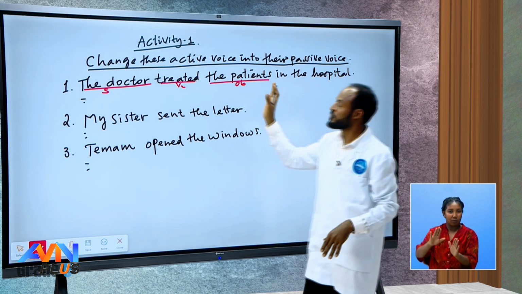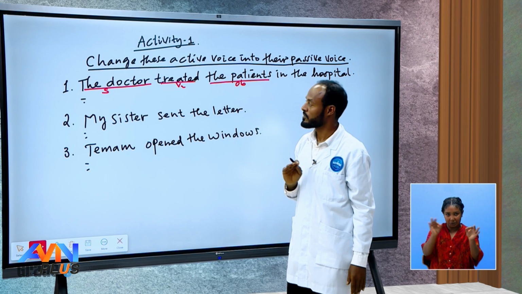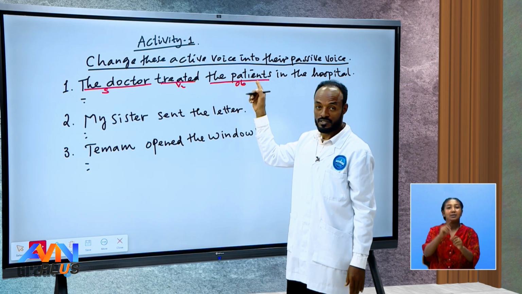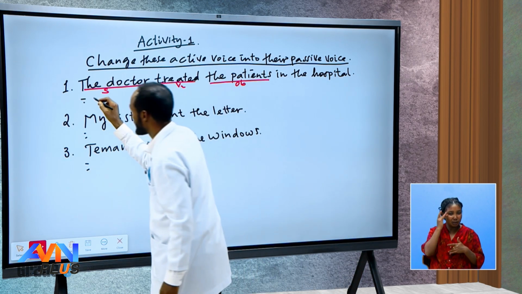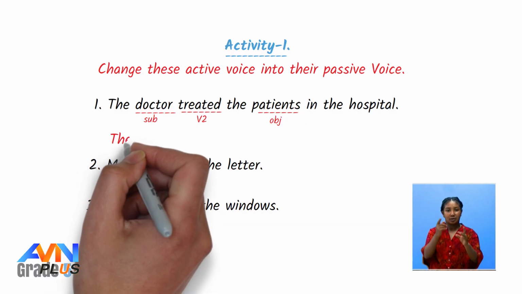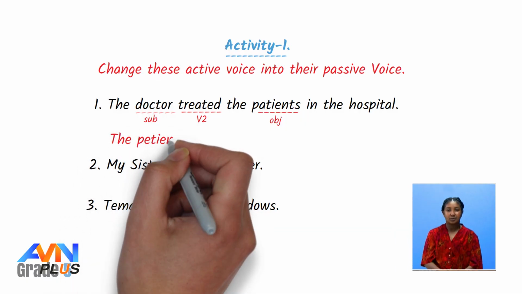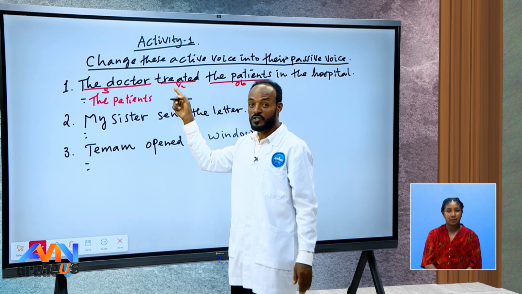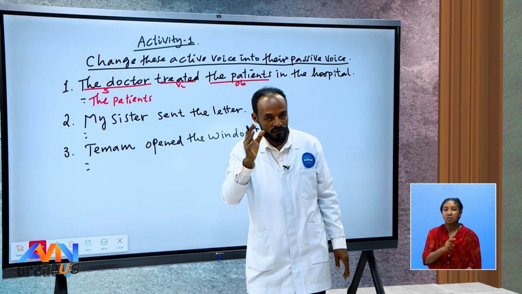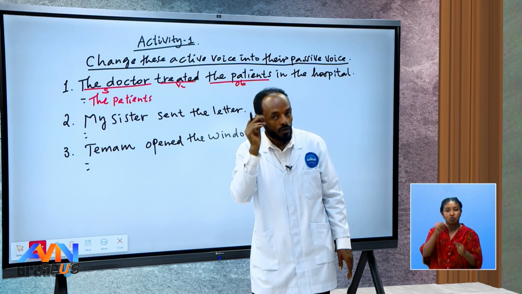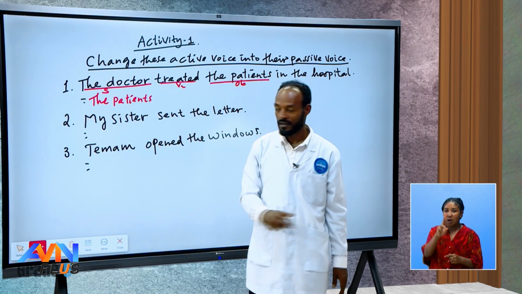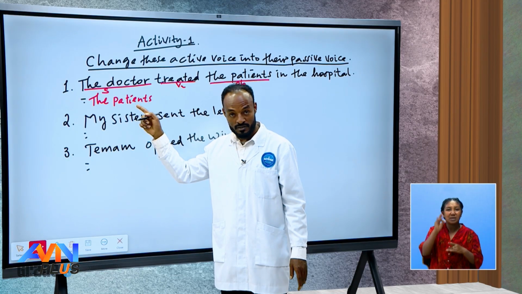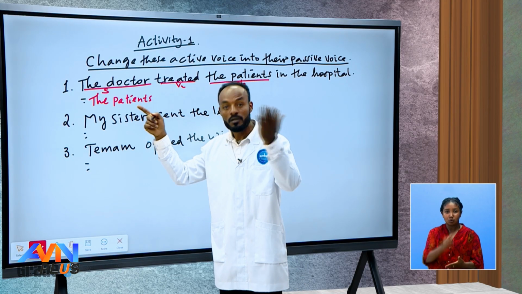Then we have to do the given concept. The patients. Am I right? Yeah. The patients. Yes. Verb 2. So when we're saying verb 2, we have to think about was or were. How many patients? Two or more.